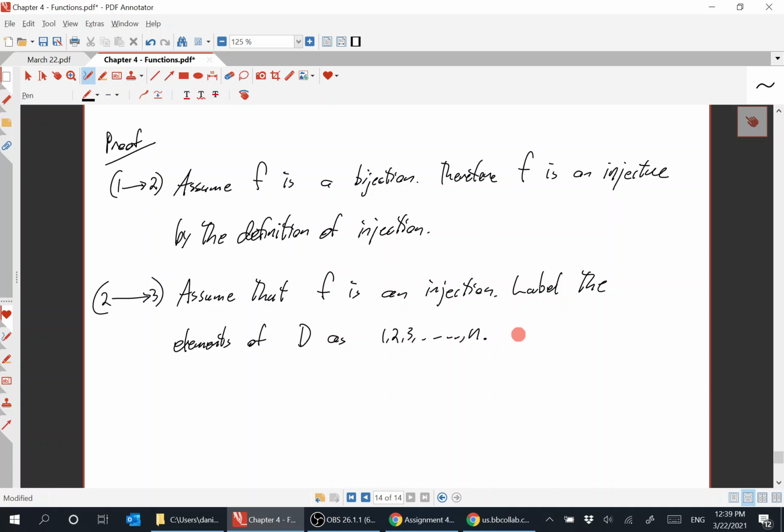All right, because F is an injection, F of 1, F of 2, F of 3, F of n are all what?